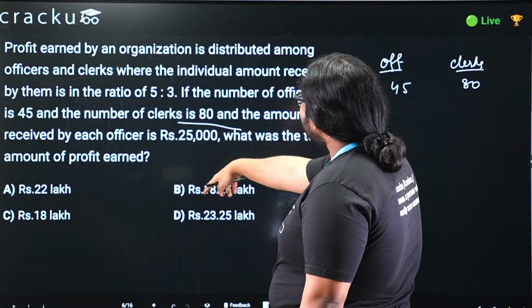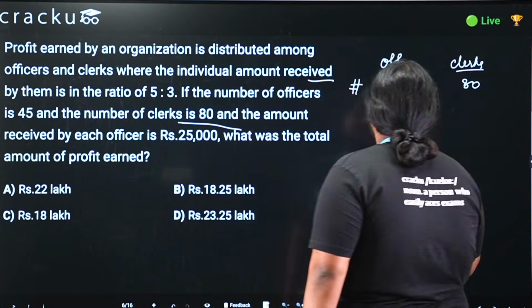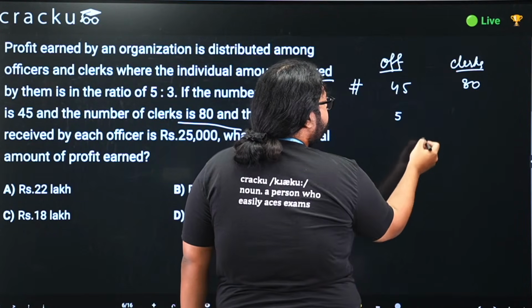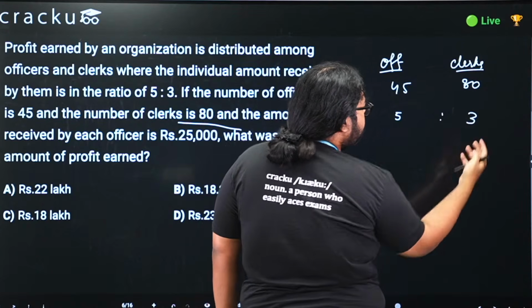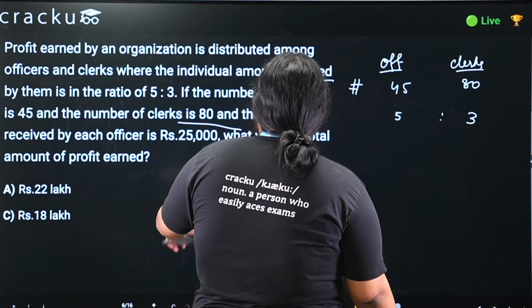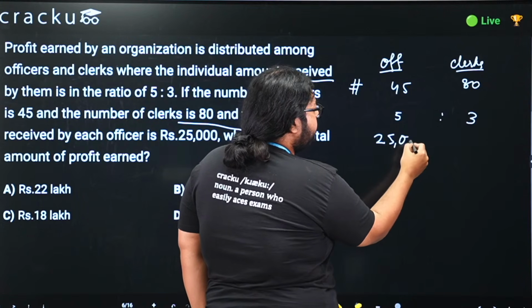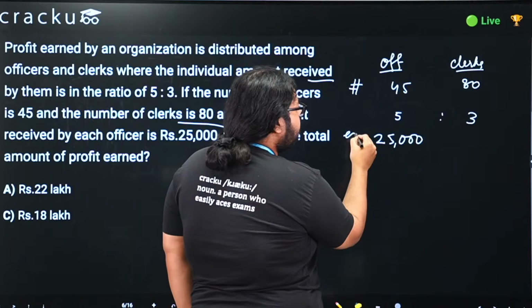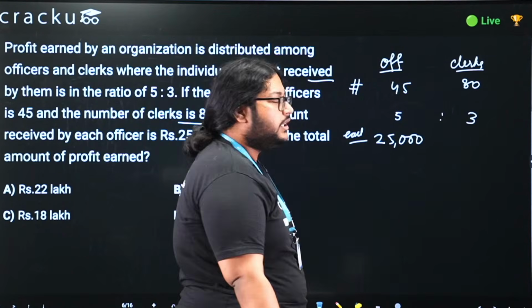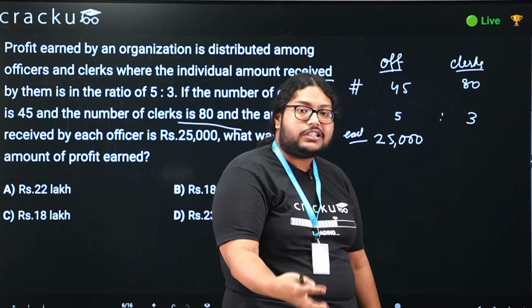The amount they receive is in the ratio 5:3. So if officers are receiving 5, then each clerk is receiving 3. Each officer is receiving 25,000. So how much is each clerk receiving?